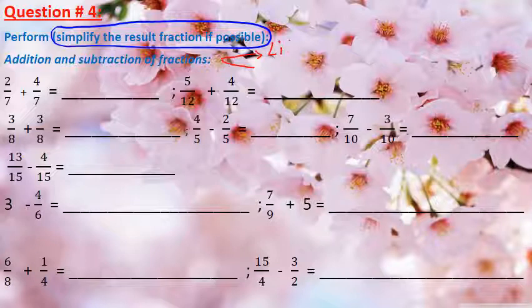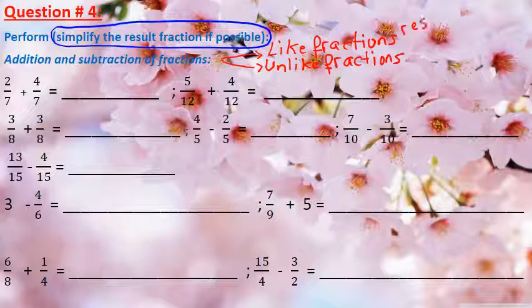We have like fractions and we have unlike fractions. For like fractions, we directly get a result fraction with the same denominator as the given denominators. Unlike fractions, we change into like, then we add or subtract.